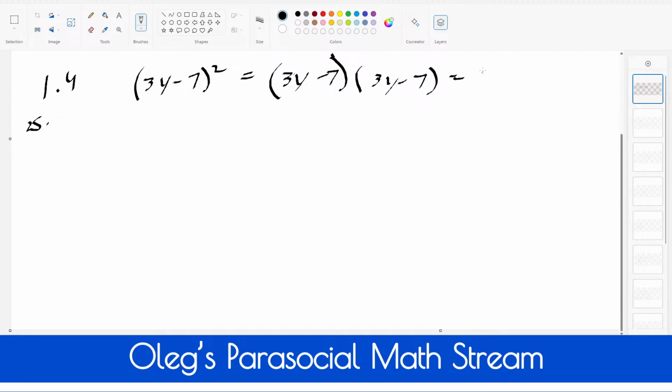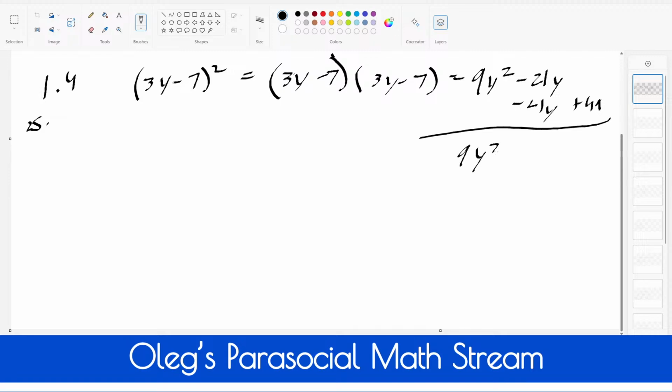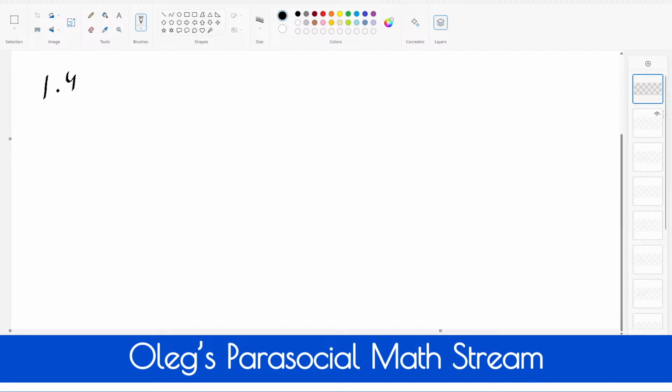So that's going to be 9y squared minus 21y minus 21y plus 49, so 9y squared minus 42y plus 49. There we go, that's correct.